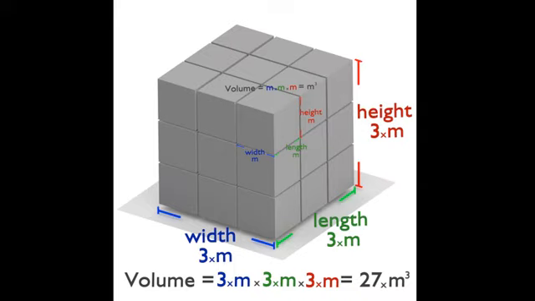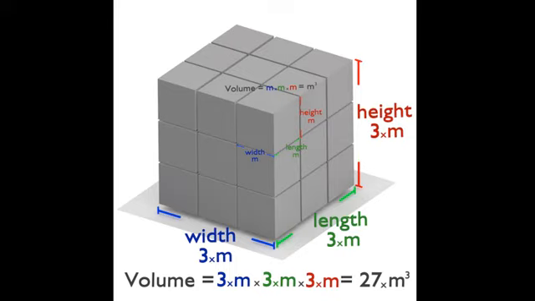Each box has a length of 1 meter times 1 meter times 1 meter. So that means that if you have all of these boxes inside this big cube of 3 meters times 3 meters times 3 meters, you're gonna have 27 of those boxes inside of this big cube.